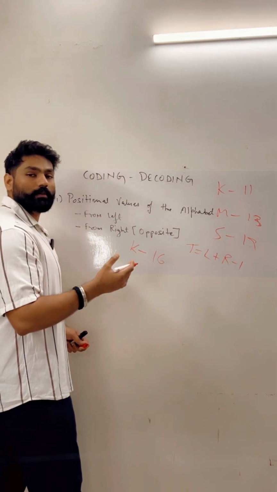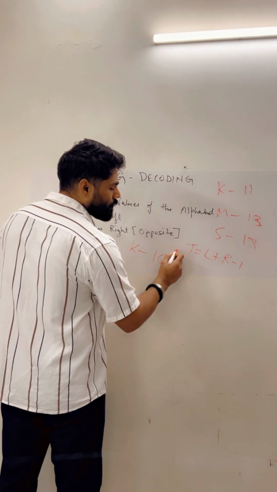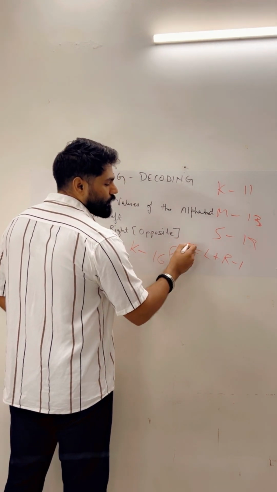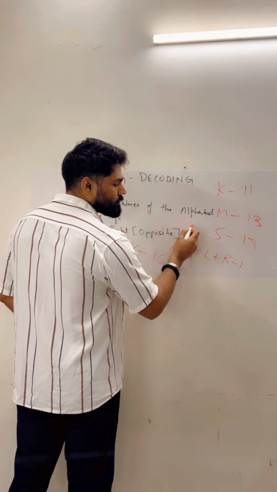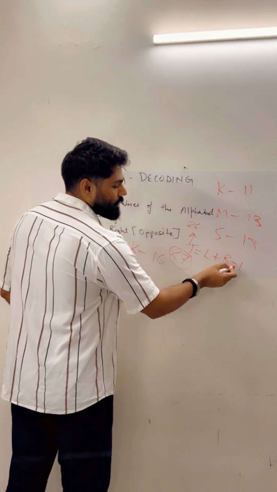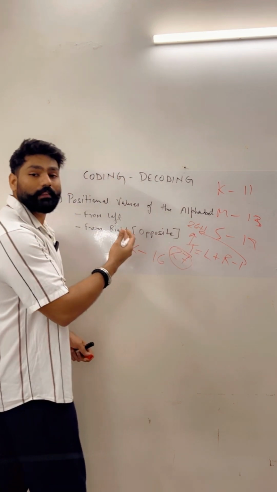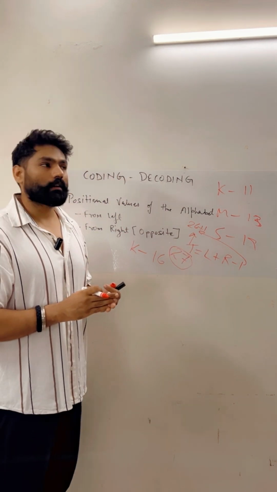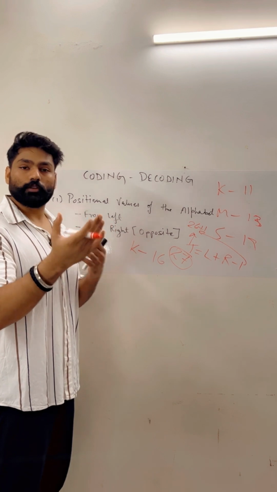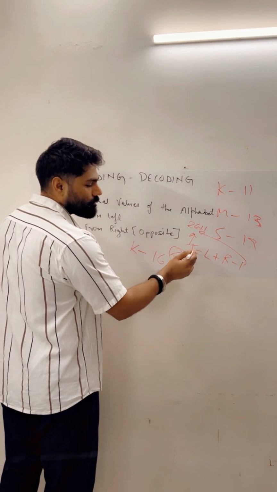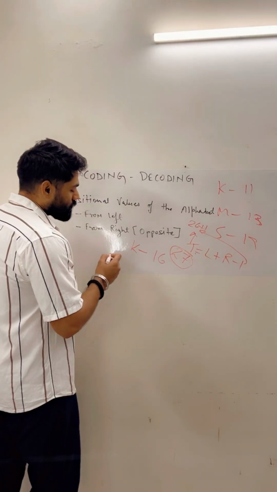You just have to know that if you want an alphabet's position from the reverse, you just have to subtract it from 27. How did this come? The total number of alphabets is 26, and there is a minus 1 here. When it comes to the other side, it becomes plus, and the total becomes 27. So if you want the reverse positional value from the opposite side, you just subtract it from 27.